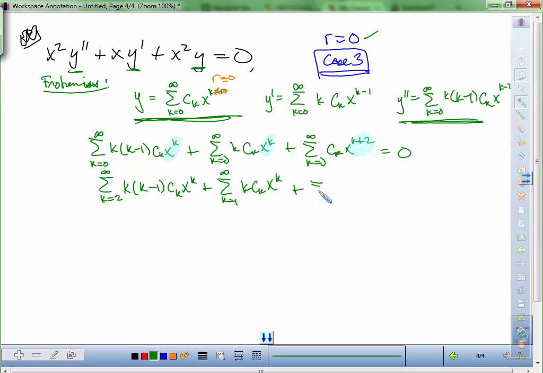And now this is the one with a shift. I need to subtract 2, right? So my index starts at 2, goes to infinity, and subtracting 2, I get k minus 2, and x to the k. Now I have matching powers. I can put it all together.